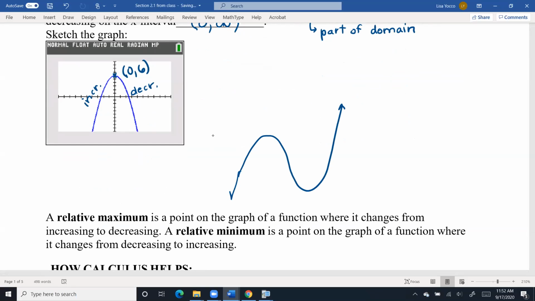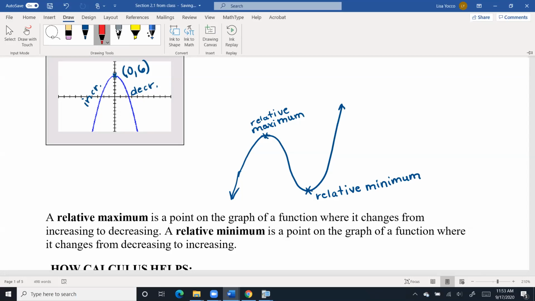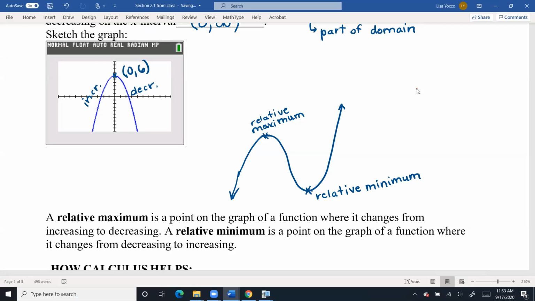So let me just draw this right here. This point is what we would call a relative maximum. And this one is a relative minimum. You can see it on the graph, it kind of makes sense, but the way that we define it is what's written here. The relative maximum is where the function changes from increasing to decreasing. And your relative minimum is where it changes from decreasing to increasing. All right, so those are your definitions.